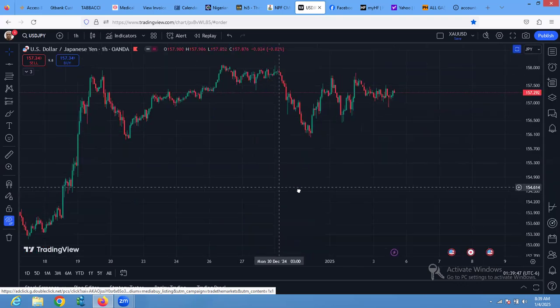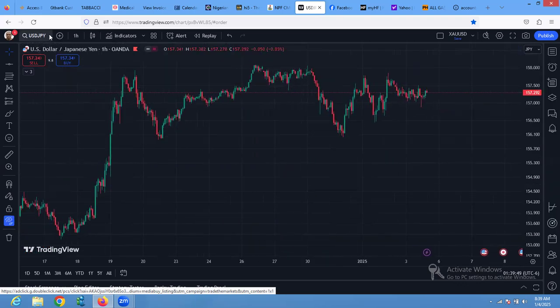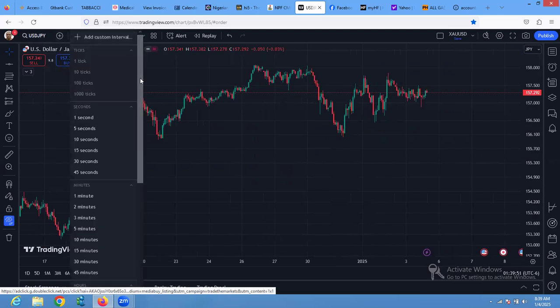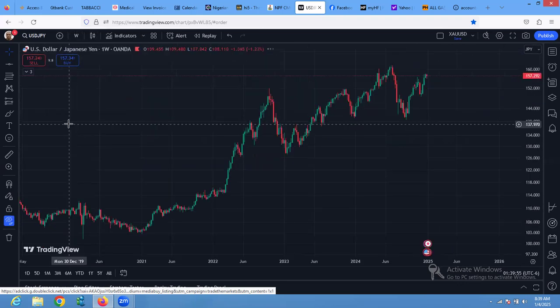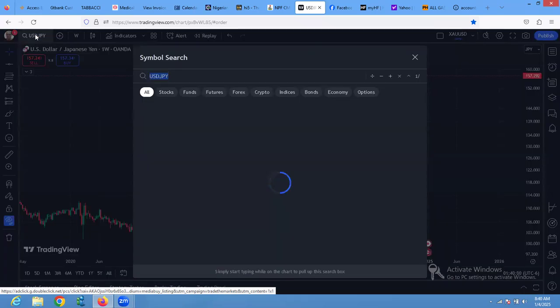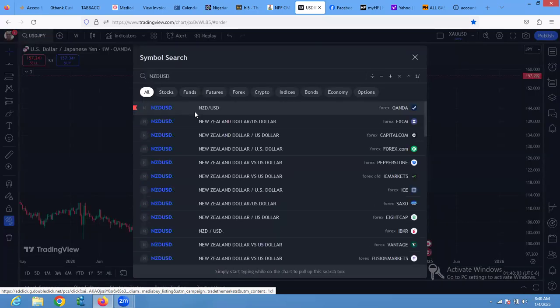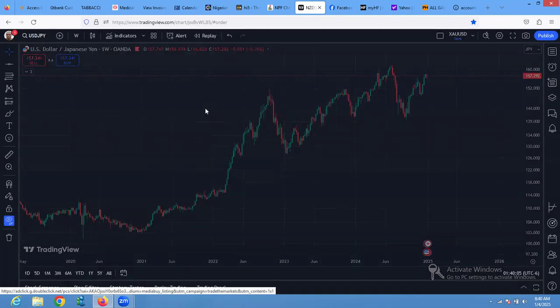Let's look at NZDJPY USD. What can we see on the weekly time frame on NZDJPY USD? We are gradually edging close to today's forecast.